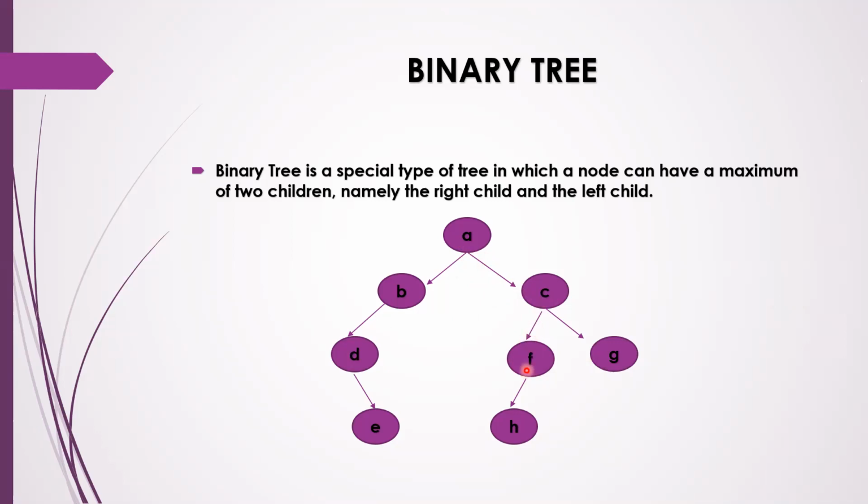And if you want to go from F to its grandparent, the path is F, C, A. Again, A, C, G is a path from A to G. A, C, F, H is a path from A to H. A, B, D is a path from A to D. And A, B, D, E is a path from A to E.